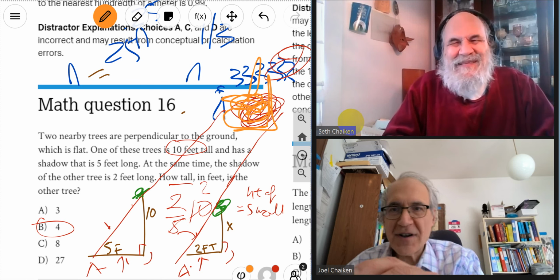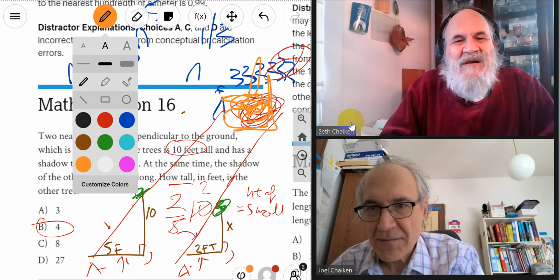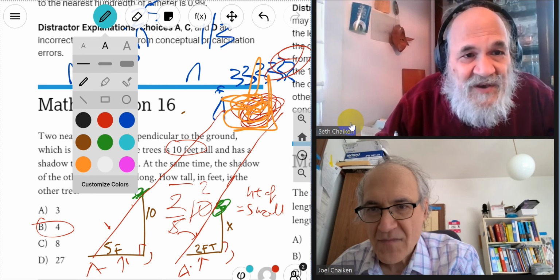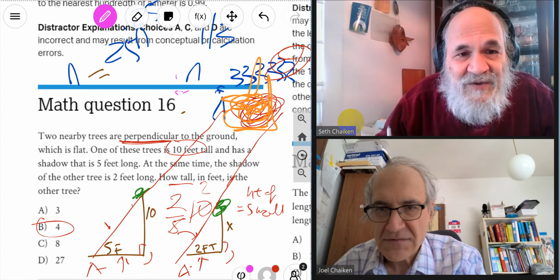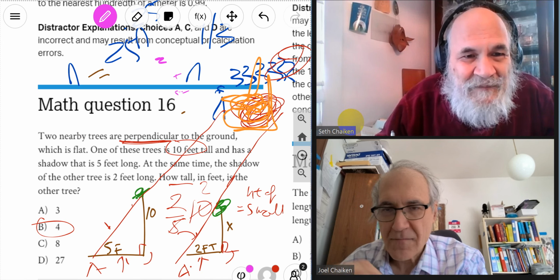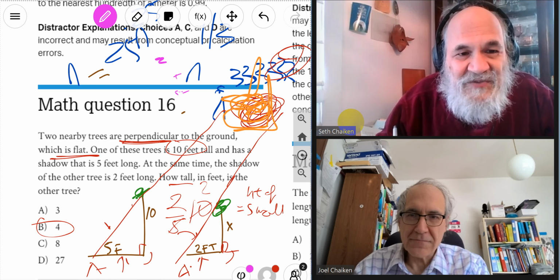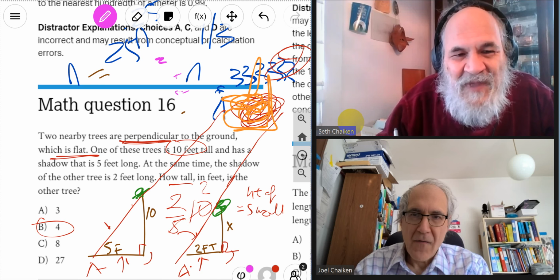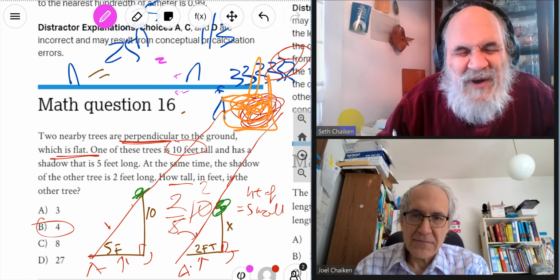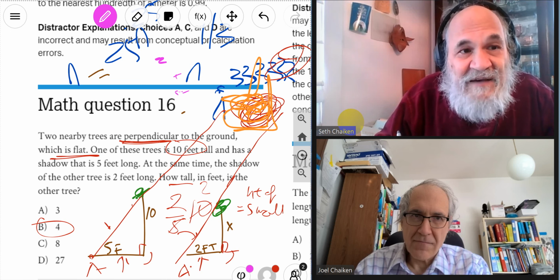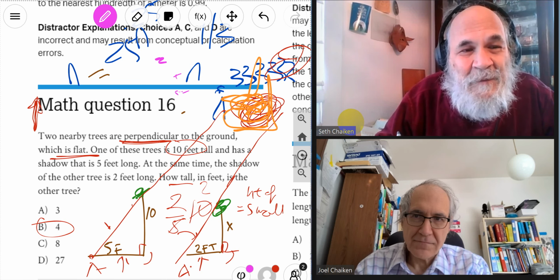So in other words, we need to make a proportion. That's why they tell us the trees are perpendicular to the ground. And they're perpendicular to the ground, and the ground is flat, so we do not have the tree standing up like this, and the ground going down like this.